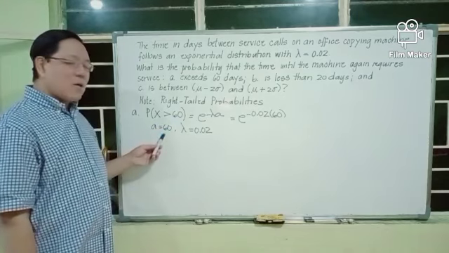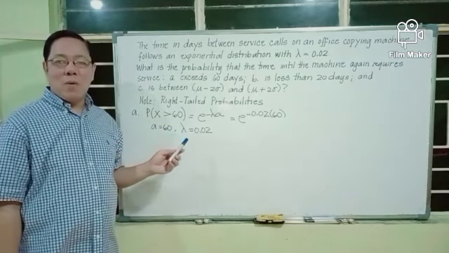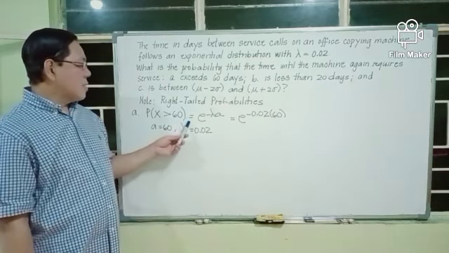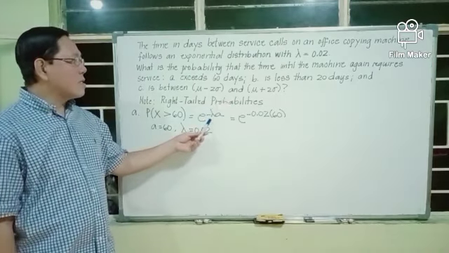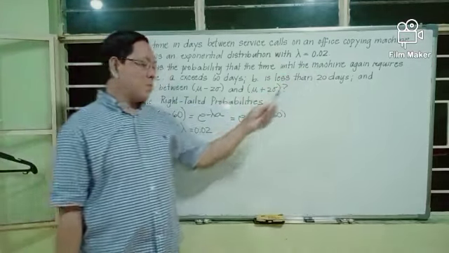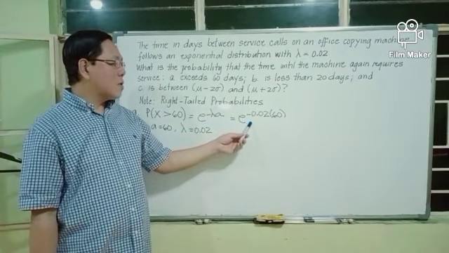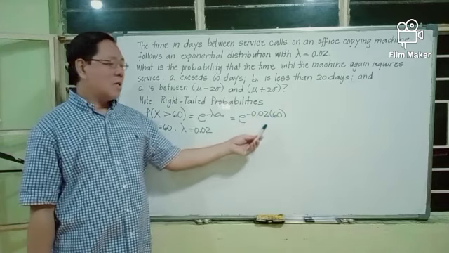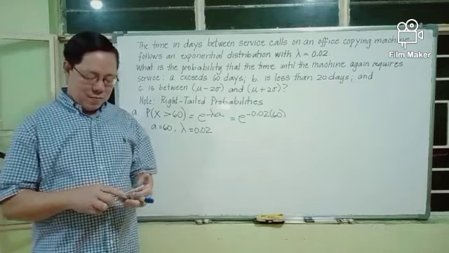We take a equals 60 and apply the right-tailed probability for an exponential random variable, given by e to the minus lambda a, where lambda is 0.02. So this is e to the power minus 0.02 multiplied by 60, and we compute this using our calculator.